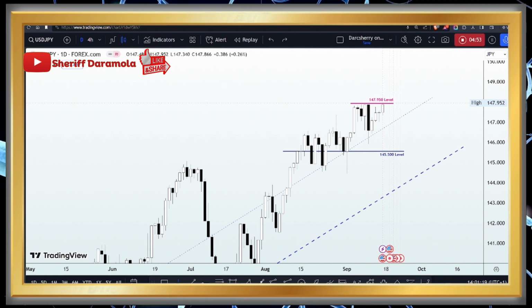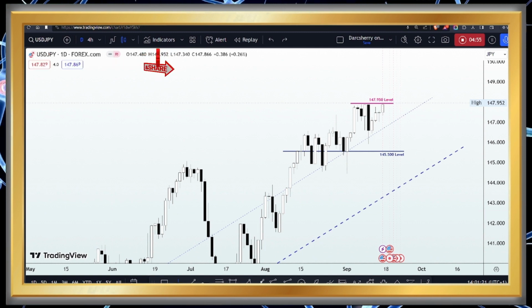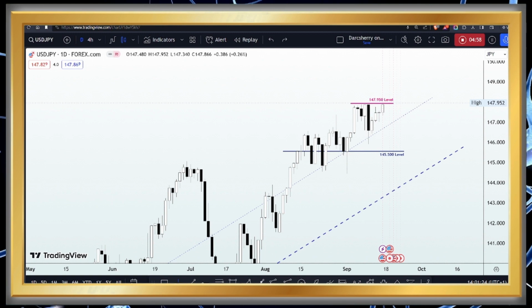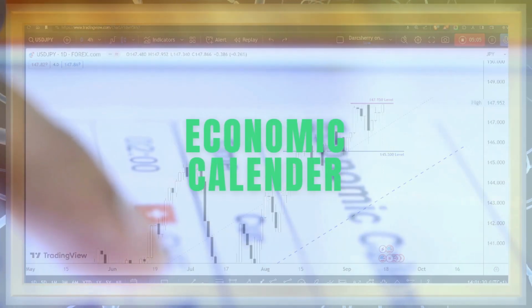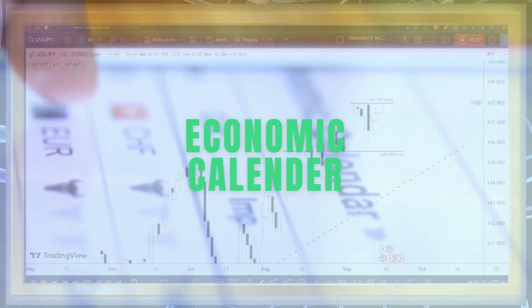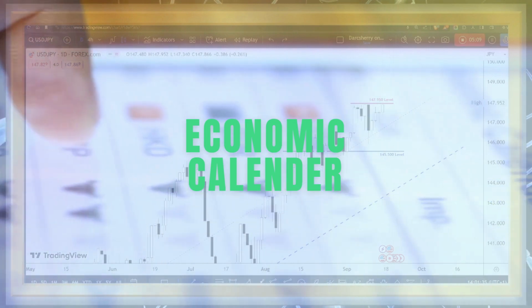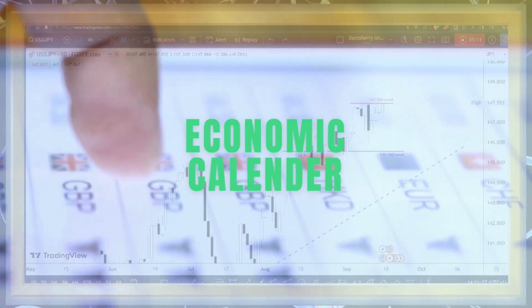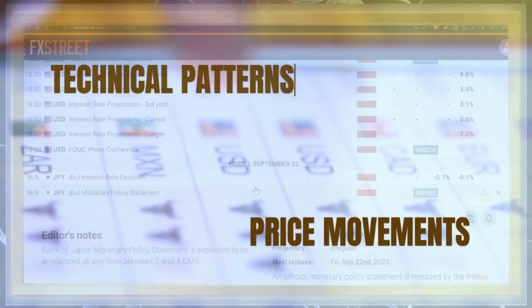But before I scale down into the lower time frame, there are a series of high impact events coming up this week, and in fact, I would like us to run through the economic calendar to have a quick view of what the majority in the market will be looking forward to in terms of these fundamental factors. And we all know how these factors manifest on the charts in technical patterns and price movements.